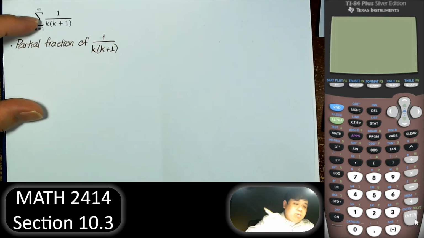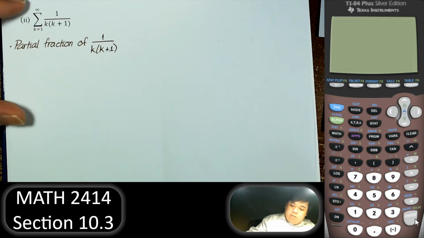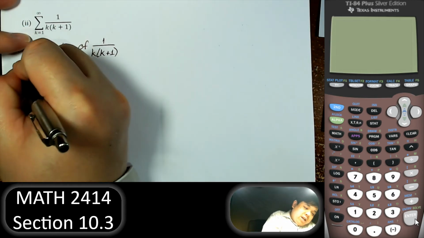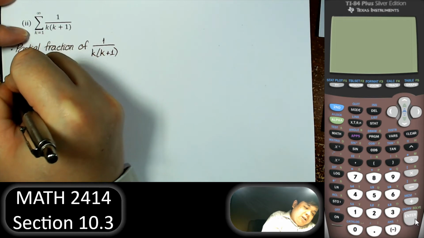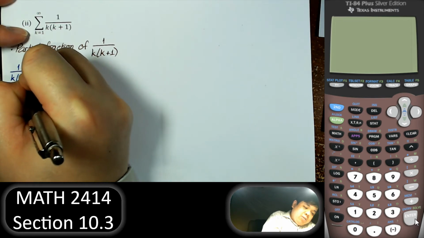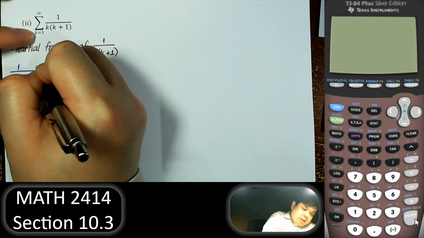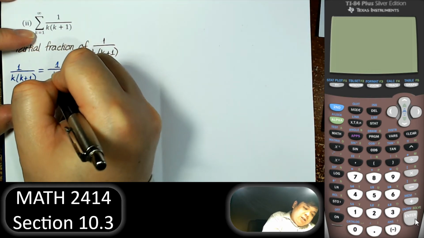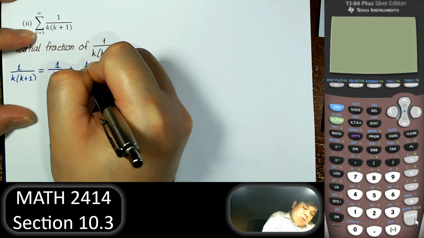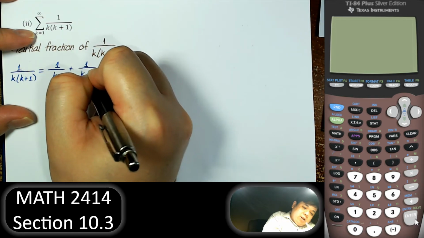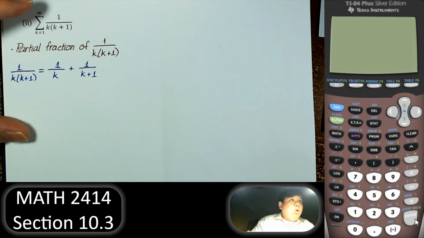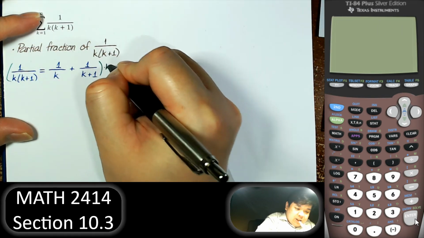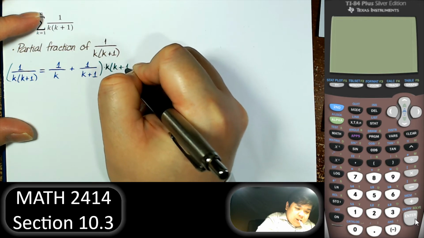So partial fraction, we have 1 over k plus 1. We can write this as 1 over k and k plus 1. I'll multiply both sides by the common denominator of k plus 1.